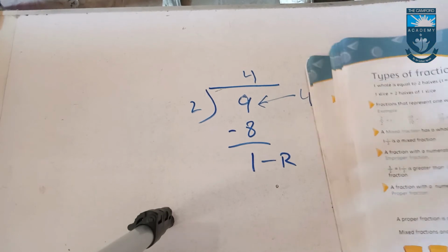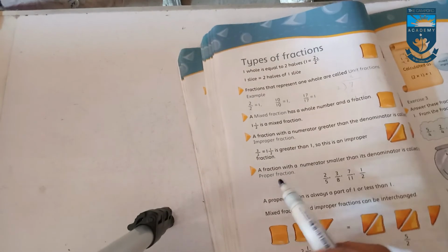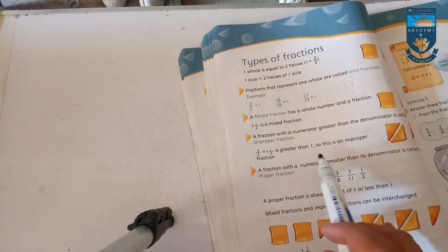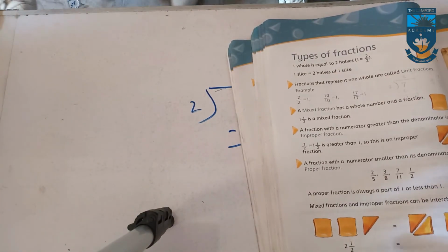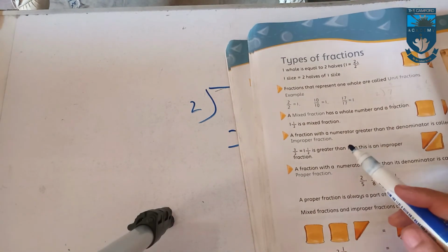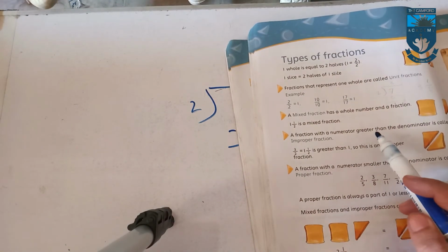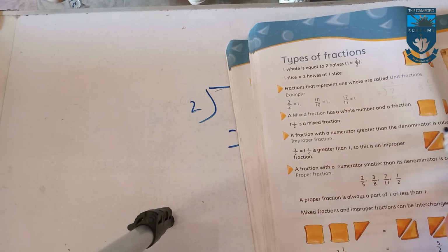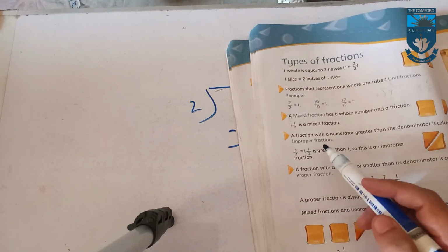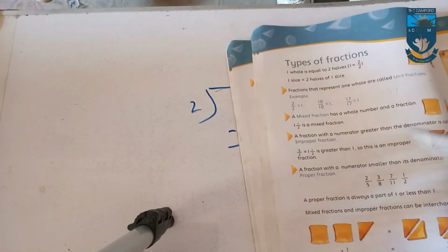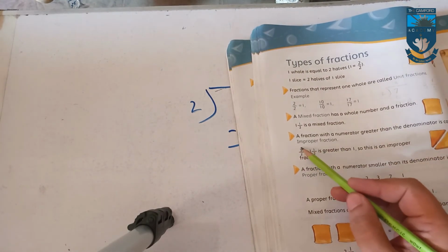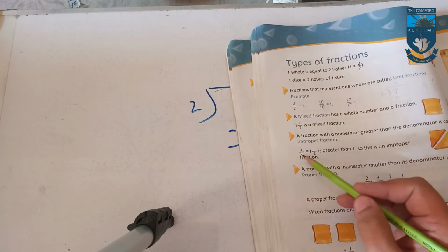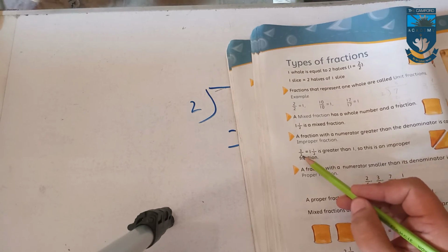Okay, so the next concept is proper fraction and improper fraction. A fraction with a numerator greater than the denominator is called an improper fraction. It means the upper value is greater than the lower value.